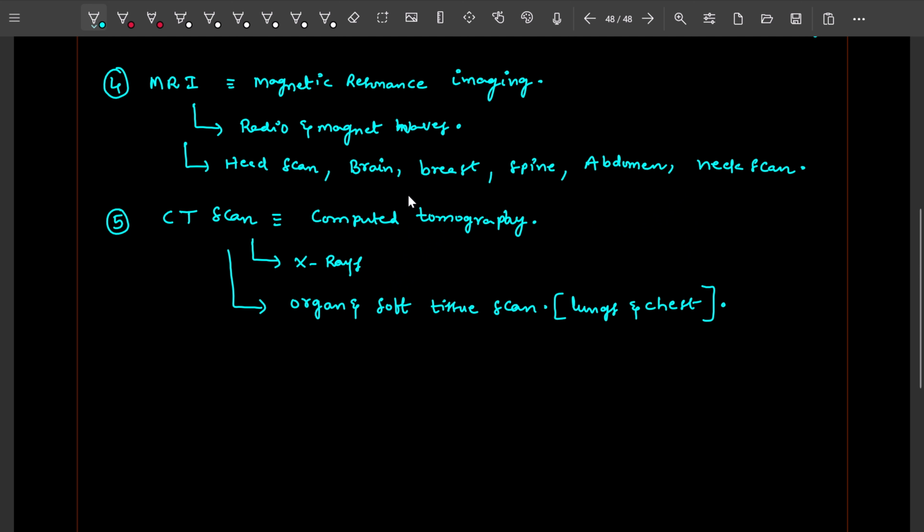Next, the sixth one is connective tissue.